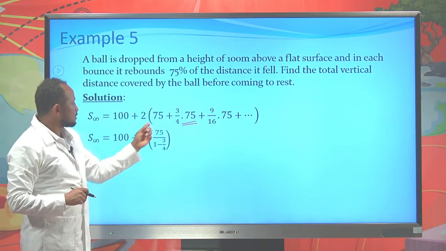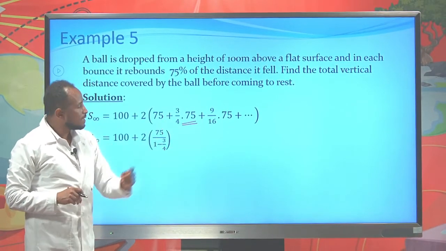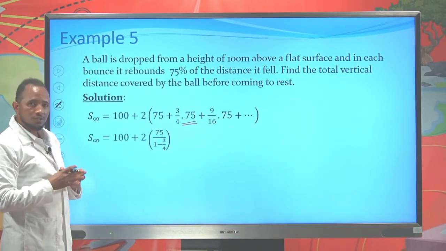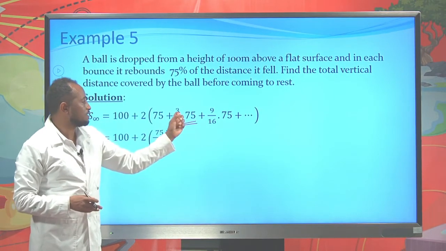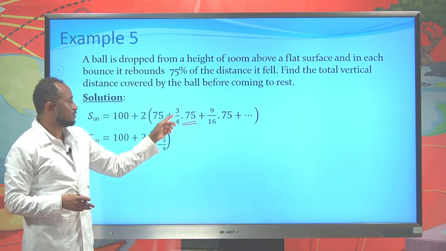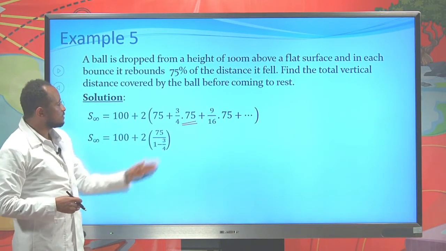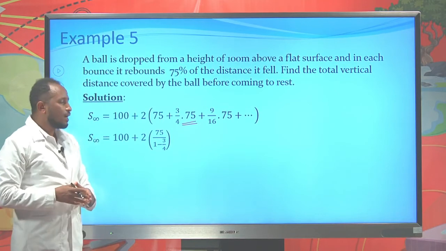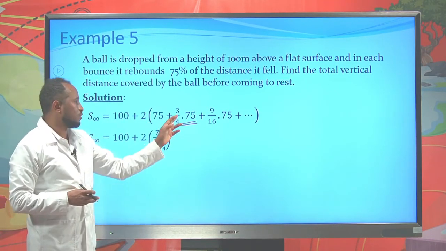Then twice, when you see this term, it is a geometric sequence with first term 75 and common ratio 3/4. When you take the ratio of these two, you get 3/4.